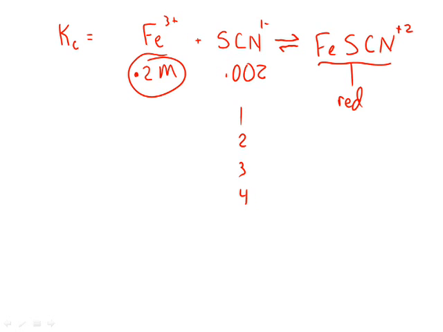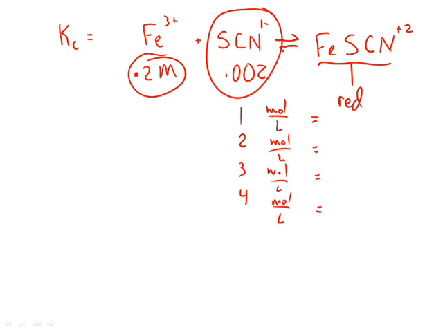For each one, you calculated moles per liter of the thiocyanate ion, but because the iron ion was so concentrated, the molarity you calculated for thiocyanate was equal to the concentration of the iron thiocyanate, because all of this turned into this because we pushed the reaction to the right with a really high concentration of iron. Remember that from last week?